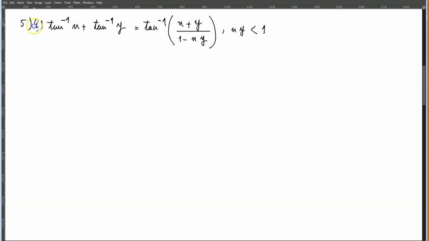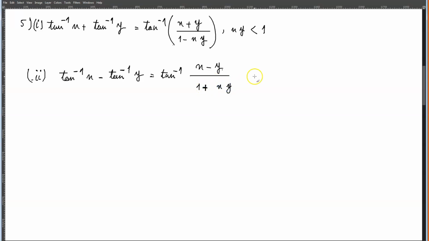This is part 2 of this: tan inverse of x minus tan inverse of y is equal to tan inverse of (x minus y) over (1 plus xy), for x times y greater than negative 1.